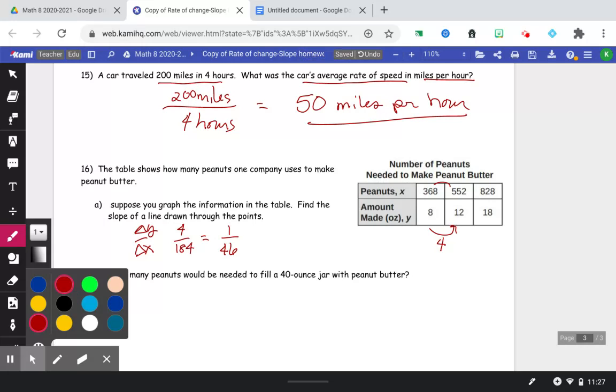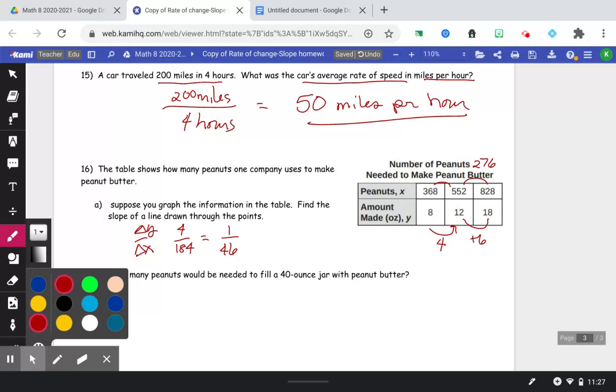If you calculated that rate of change between 552 peanuts and 828 peanuts, here your y is increasing by 6, where your x, or the peanuts, is increasing by 276.